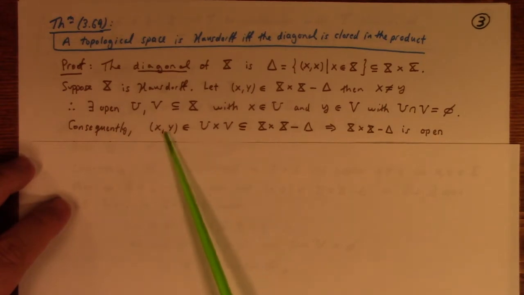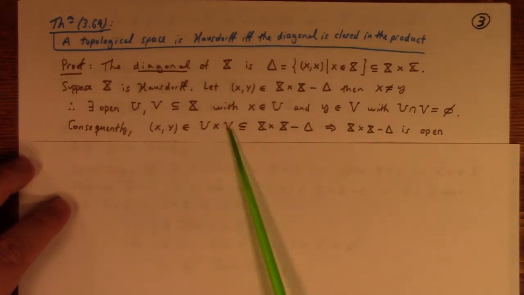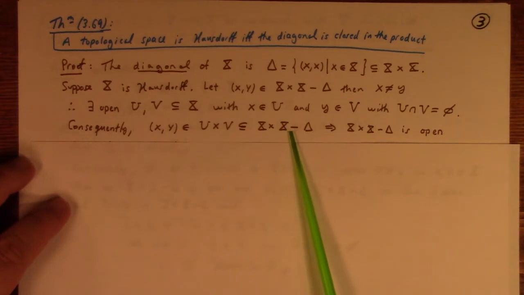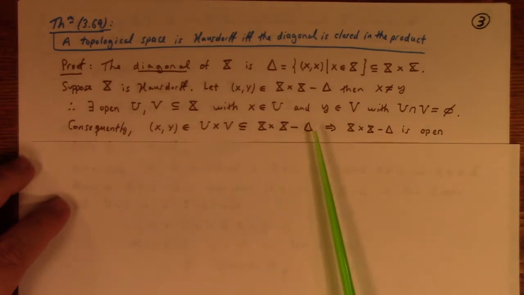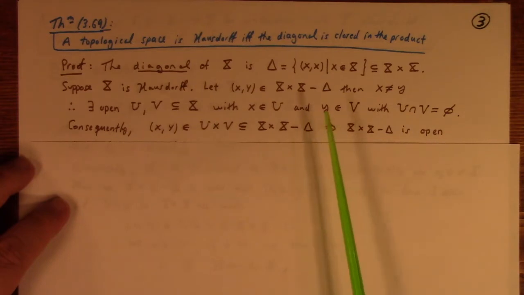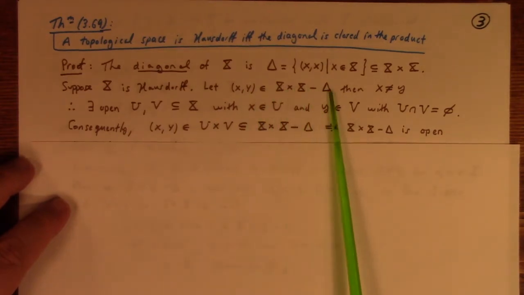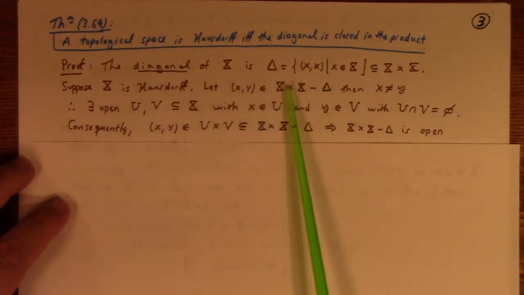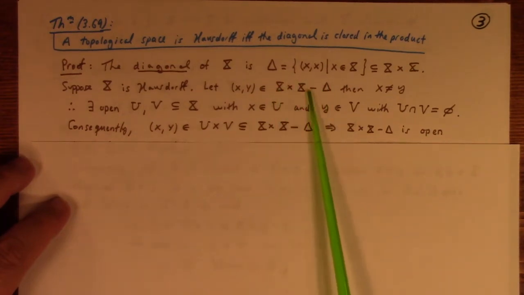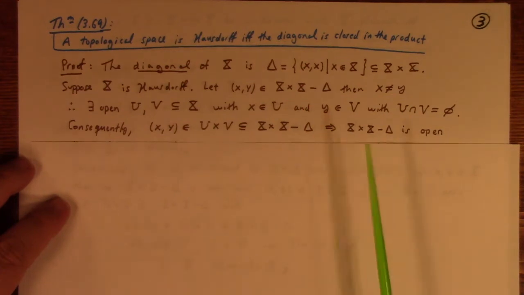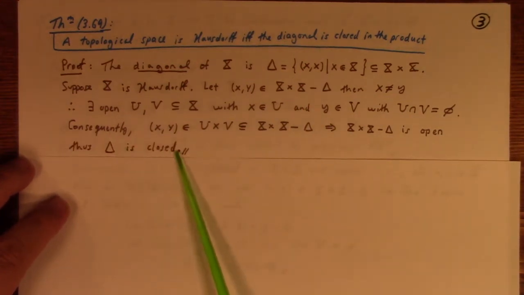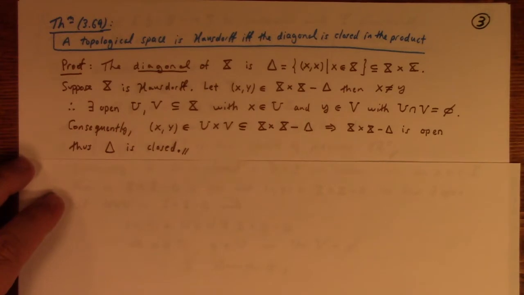Consequently, (x, y) is an element of U cross V, which is, by the way, a subset of the complement of the diagonal in X cross X. So we just showed that there is an open set containing an arbitrary point in this complement, which is to say that this is an open set, since each point is interior, and if that's open, that means that the diagonal is closed, which is one direction we're trying to prove.